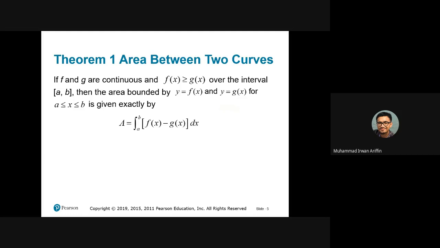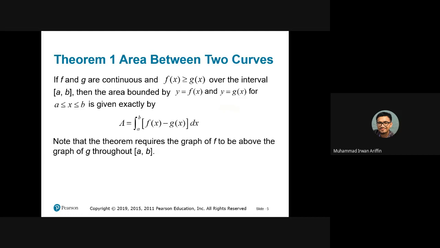If we have two functions that are continuous over the interval a, b, where function f is higher than function g, then the area bounded by these two functions can be found when we subtract the area. So first we find the total area under f, and then we subtract the area of g.